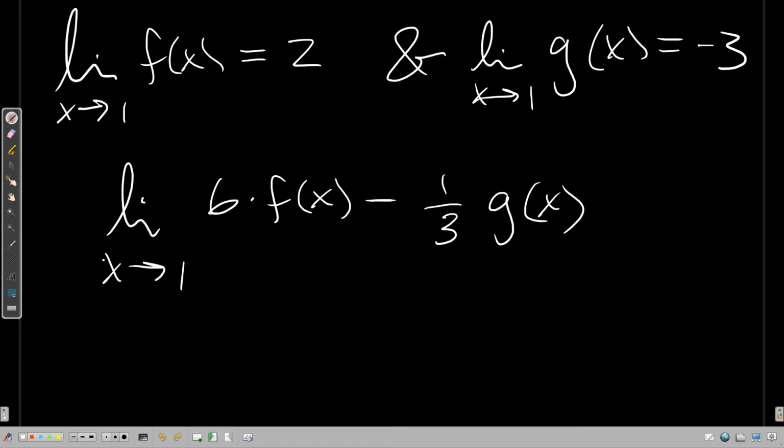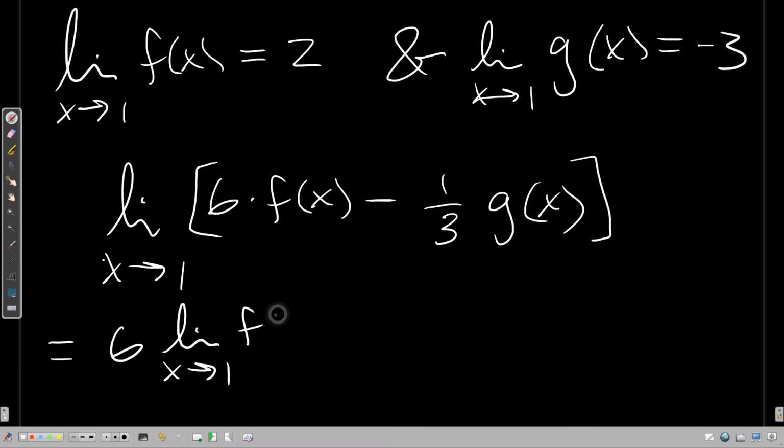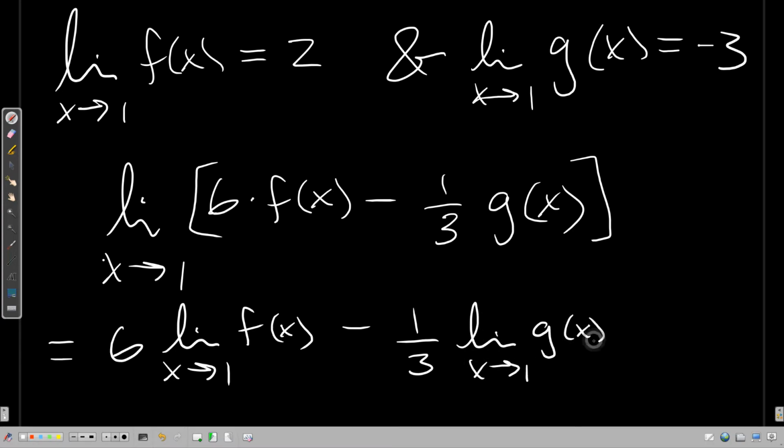Well, that's easy, right? The official thinking is that the limit of the sum is the sum of the limits, and the constants can come out in front of the limits. So officially, you would rewrite this as 6 times the limit of x going to 1 of f of x minus 1/3 the limit as x goes to 1 of g of x.